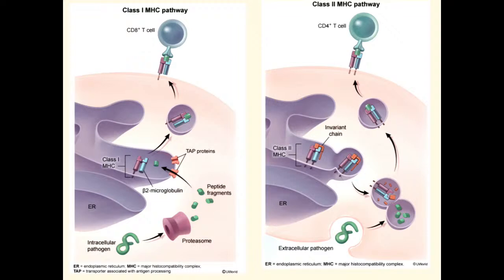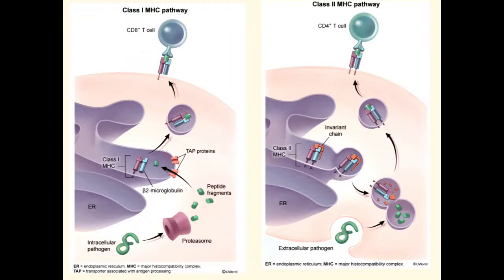T cells can't go into cells to recognize antigens. It must be presented on the surface by MHC1. So the antigen is transported by TAP proteins to display on MHC1, and this will lead to activation of T cells.